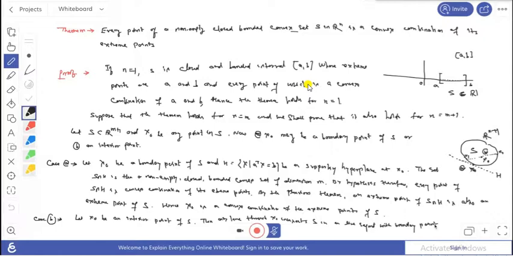Case B. Let x naught be an interior point of S, then any line through x naught intersects S in a line segment with boundary points x1 and x2, and therefore x naught can be expressed as a convex combination of x1 and x2.